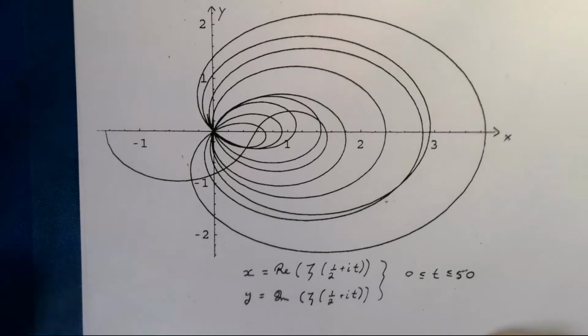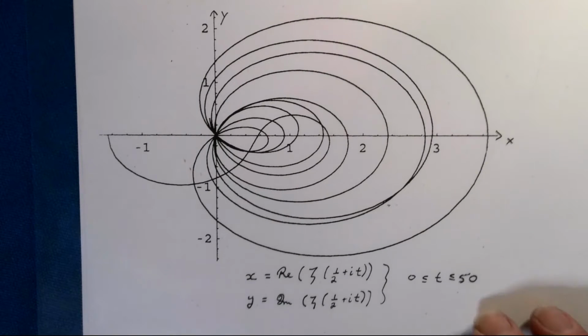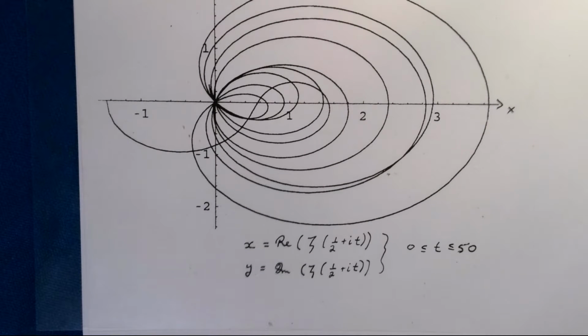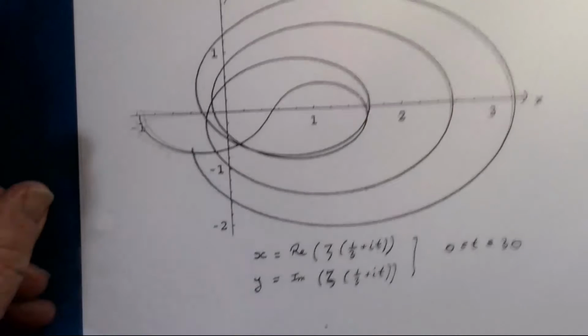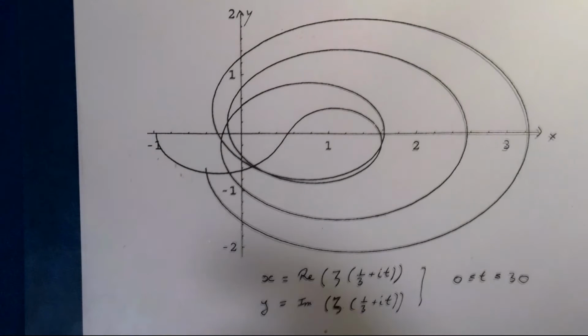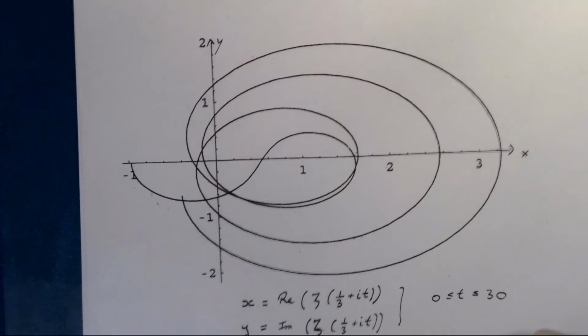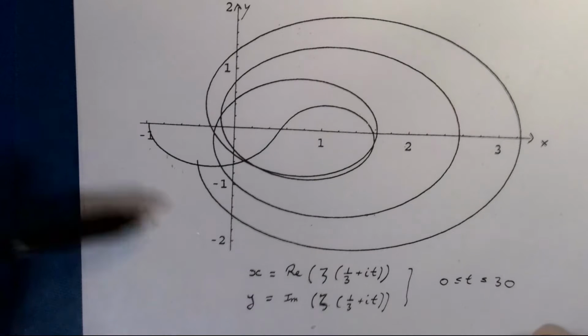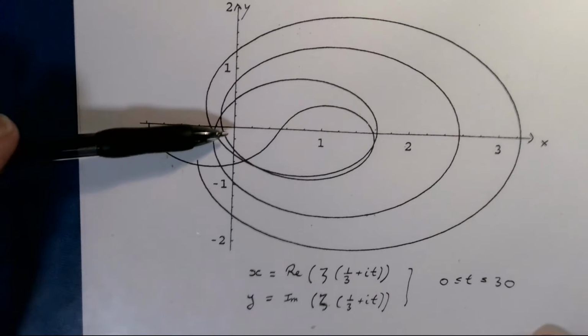On the other hand, just for comparison, I took the line s is equal to a third plus it, so I move off the line a half plus it a little bit, and look again at the real and imaginary parts. You can see again that this is winding around, but it's not going near the origin.